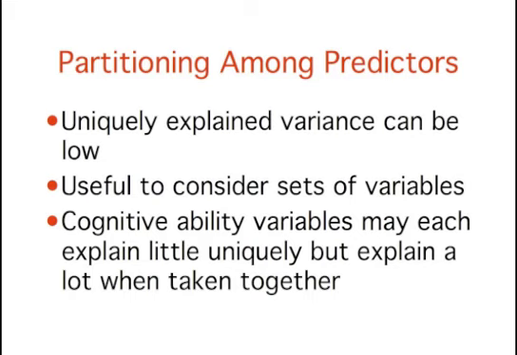The variance explained by the set would include all the variance explained uniquely by the variables in the set, as well as all the variance confounded among variables in the set. It would not include variance confounded with variables outside the set. In short, you would be computing the variance explained by the set of variables that is independent of the variables not in the set.